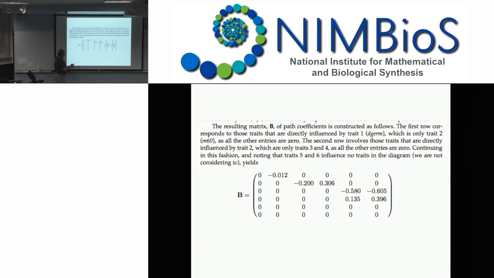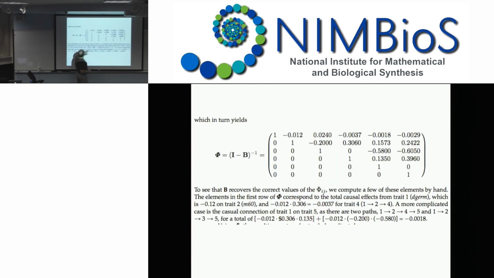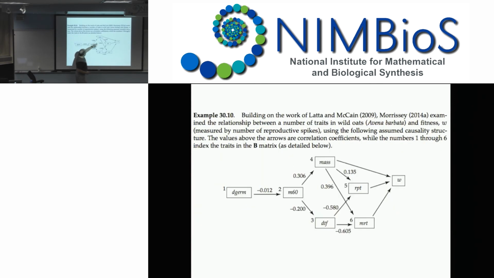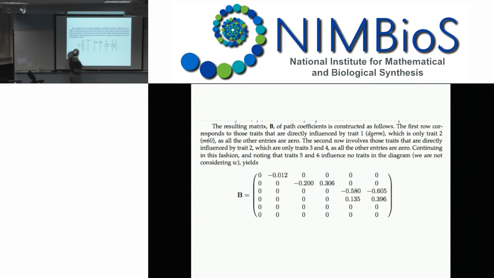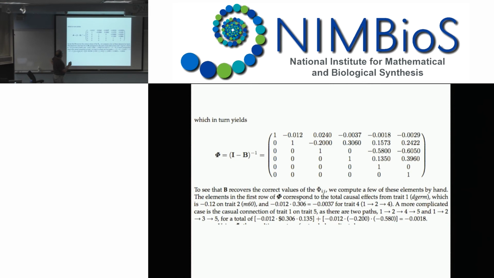Those are basically the only single-step connections. That's your B matrix. So for example, it says that trait 2 affects traits 3 and 4, and there are the coefficients on it. That's your B.